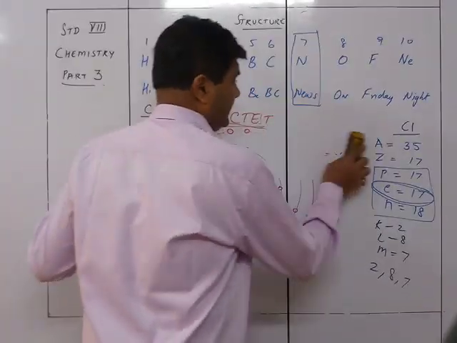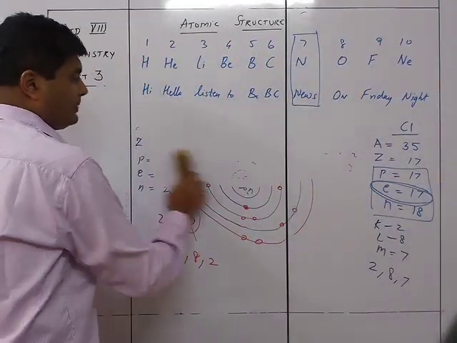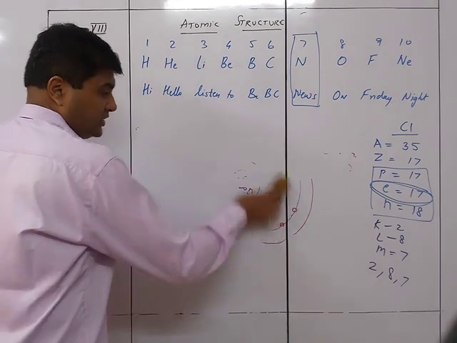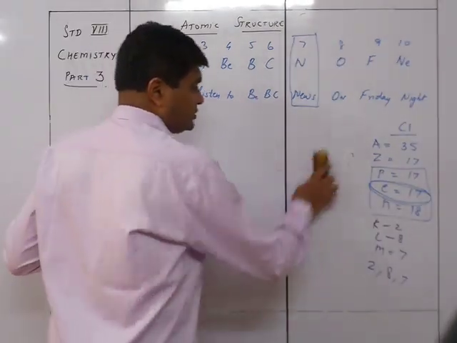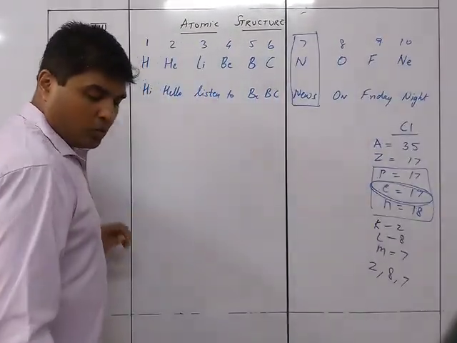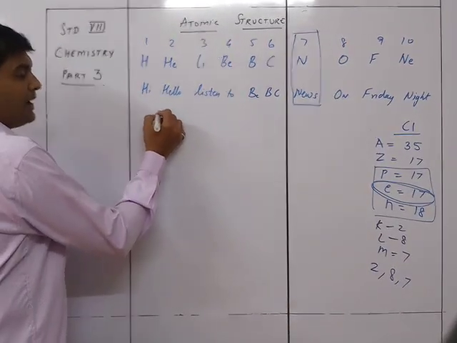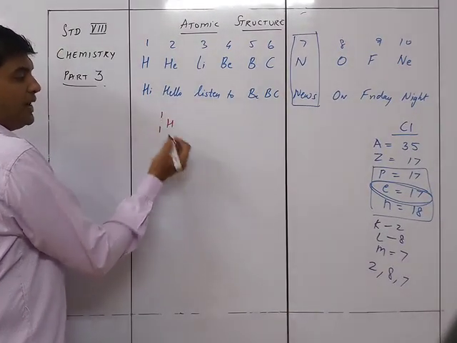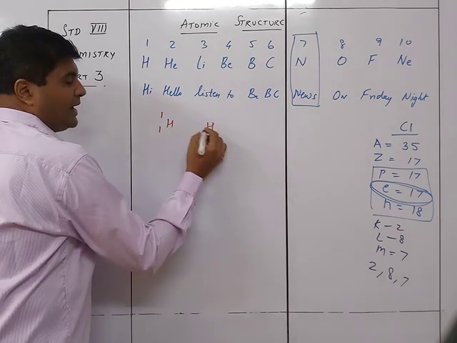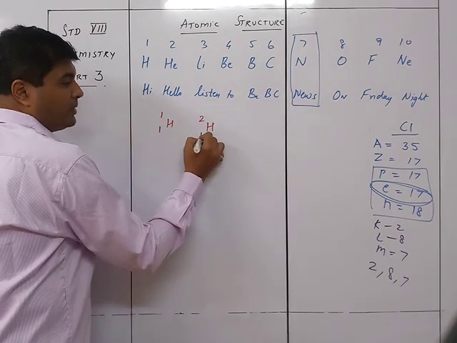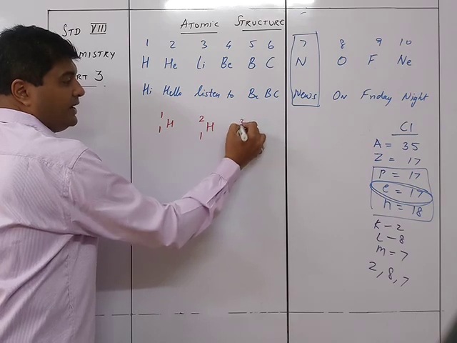Hydrogen is going to be available to us in 3 forms. One is hydrogen with mass 1 and atomic number 1. Another is mass 2 and atomic number 1, and mass 3 and atomic number 1.